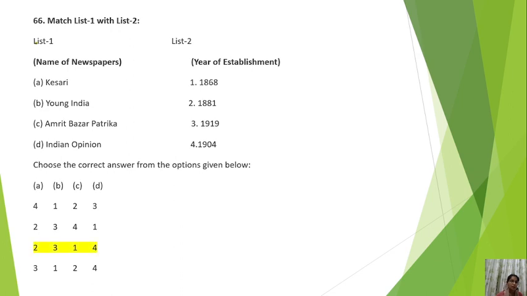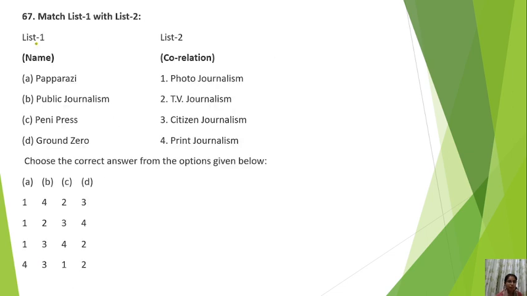This is the correct answer. So try to remember the 3 prominent personalities: Mahatma Gandhi, Raja Ram Mohan Rai, and Bal Gangadhar Tilak. Let me again repeat: Kesari 1881, Young India 1919, Amrit Bazar Patrika 1868, and Indian Opinion 1904.